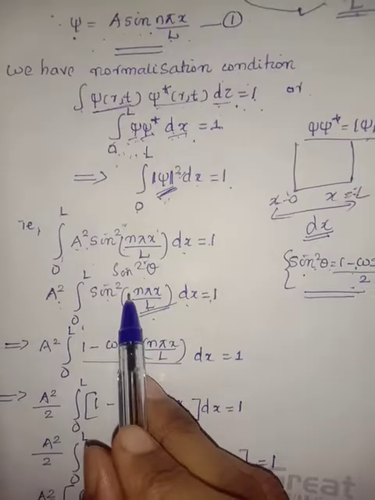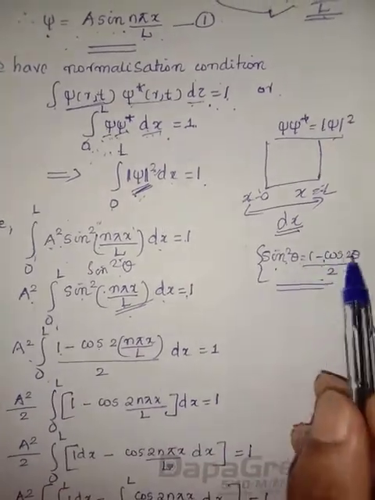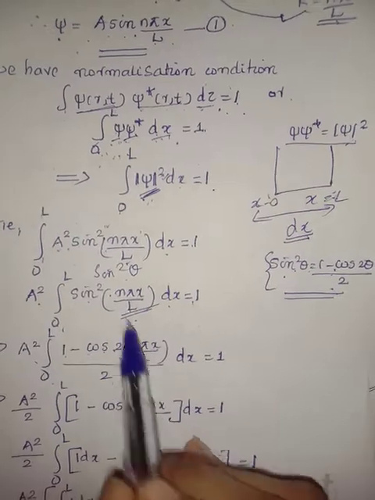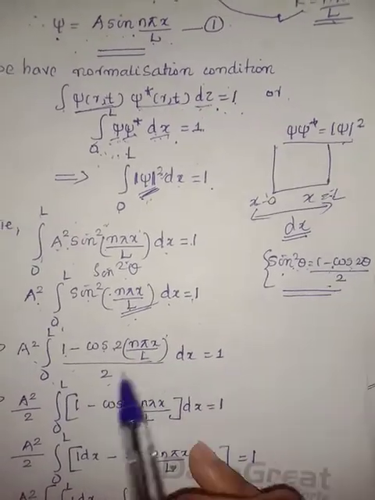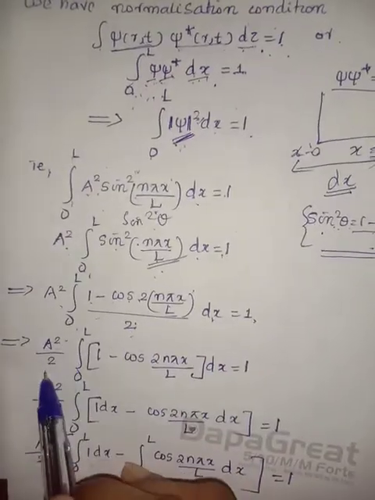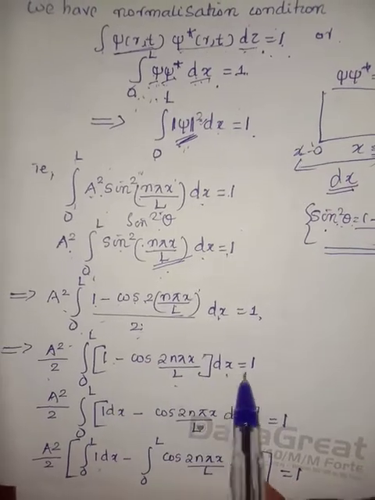So, expanding this, a square integral 0 to L of 1 minus cos 2 theta, where theta is n pi x by L, whole divided by 2, dx is equal to 1. The 2 is a constant, so that is a square by 2 integral 0 to L 1 minus cos 2 n pi x by L dx equal to 1.